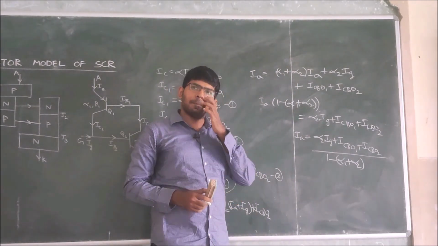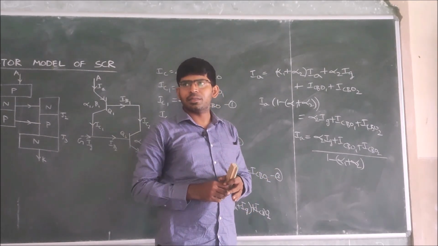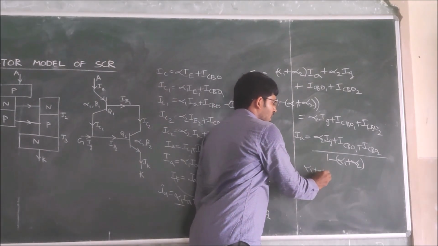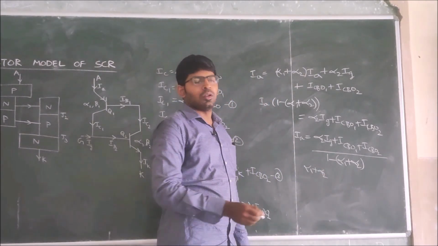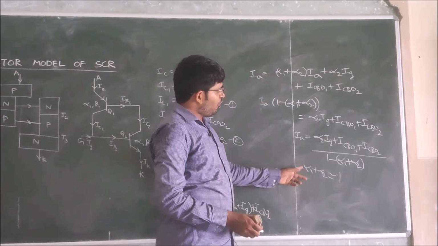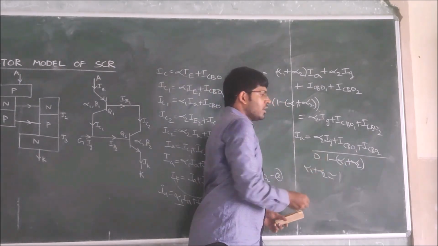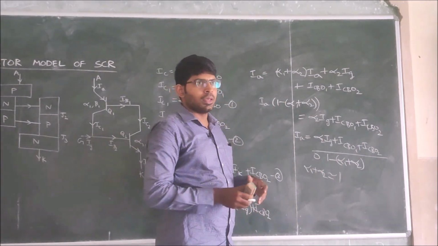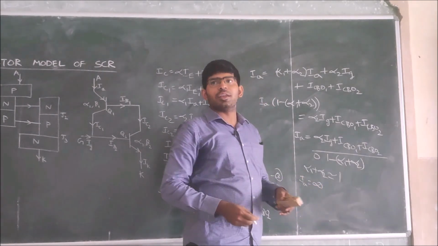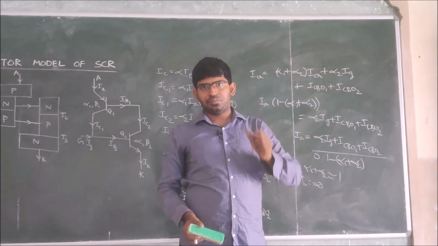But in order to turn on the SCR, alpha 1 plus alpha 2 should be nearly equal to 1. When this is nearly equal to 1, the denominator becomes 0. That means IA is equal to infinite. SCR is turned on.